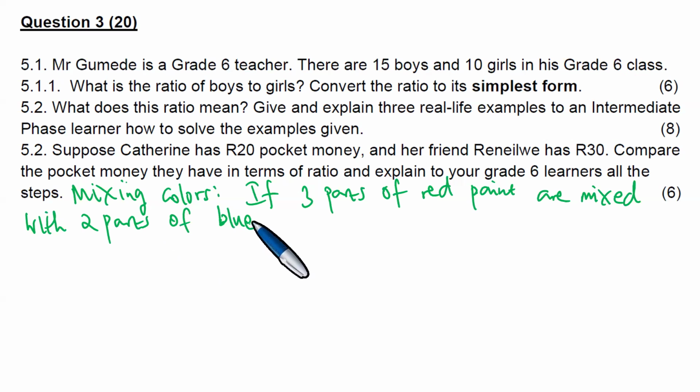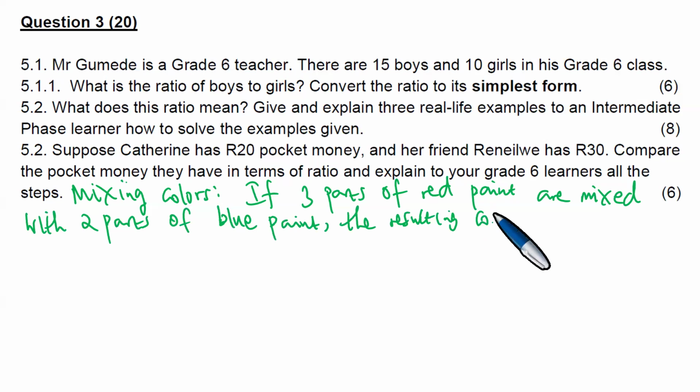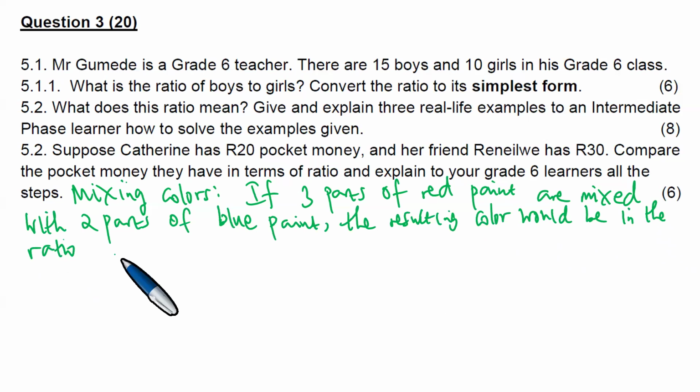So we can mix different colors of paint. The resulting color would be in the ratio 3:2. Let's check this example out.